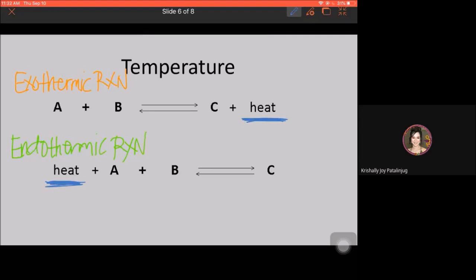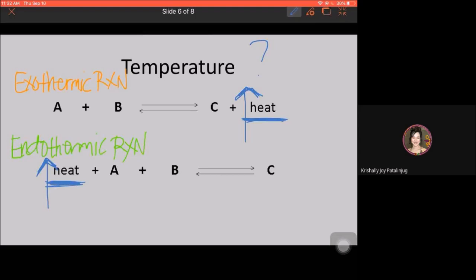Now, let's determine how temperature can affect a system at equilibrium. Say, for example, you increase the temperature. In an exothermic reaction, where is the heat? It's in the products. In an endothermic reaction, we increase the heat. So increasing the temperature is an example of stress.